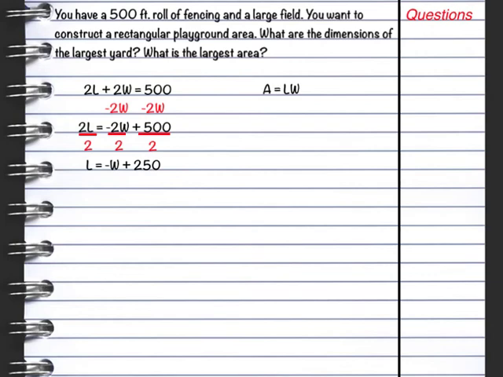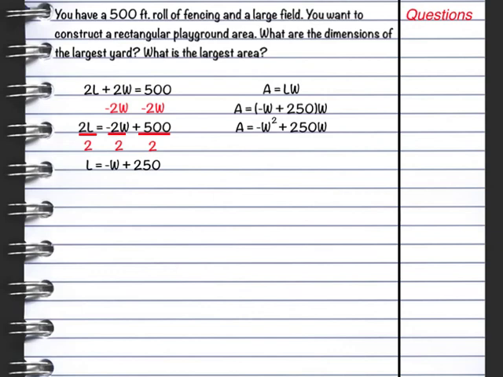And here I'll be able to replace my L with negative w plus 250, which only gives me one variable of w. So here I've got negative w plus 250, and I'm going to be multiplying by w. Let's go ahead and distribute that in. And I get A equals negative w squared plus 250w.